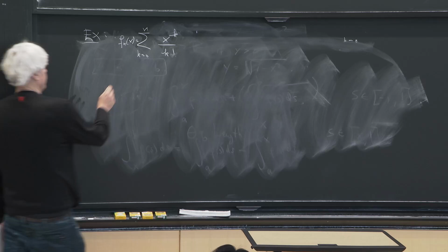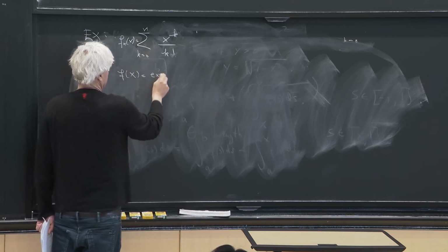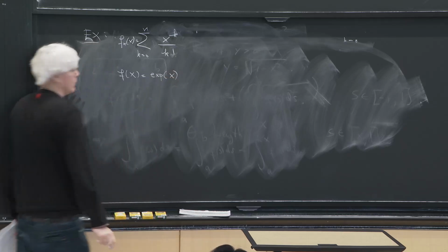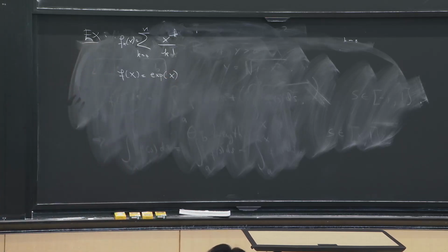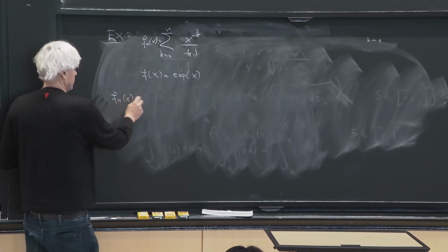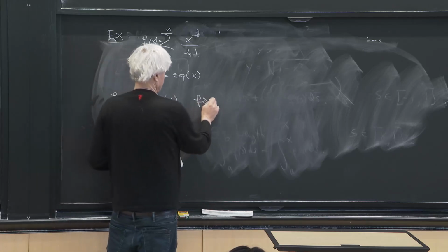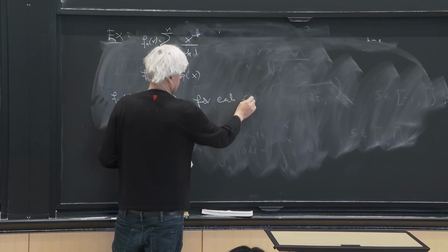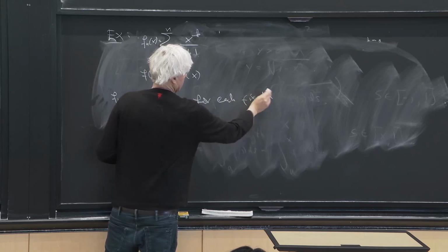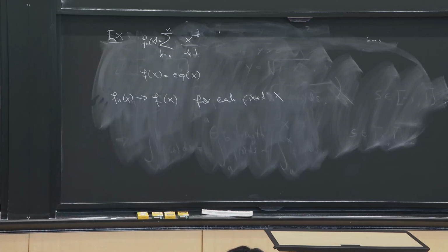And then my f of x is the infinite sum, which is the exponential function. And we have already proved that if you fix x, then this fn of x converges to f of x, for each fixed x. Right? So this sequence of functions pointwise converges to the exponential function.